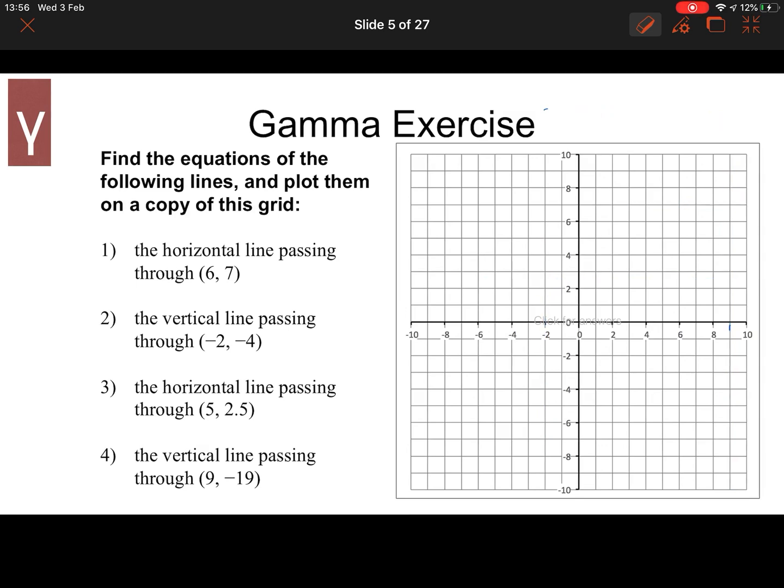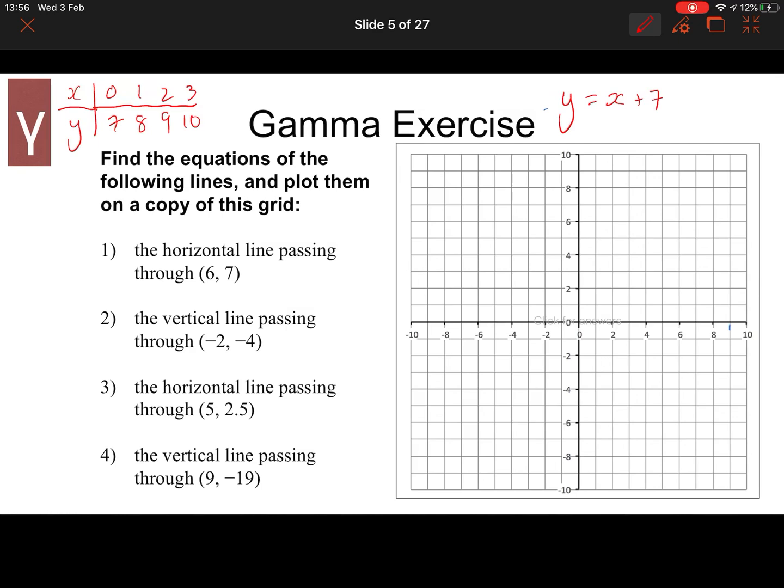Okay? So I'm just going to go back here to where I've got my grid. So we said that we're drawing the line y equals x plus 7, and we got this table. If x is equal to 0, y is equal to 7. If x is 1, y is 8. If x is 2, y is 9.